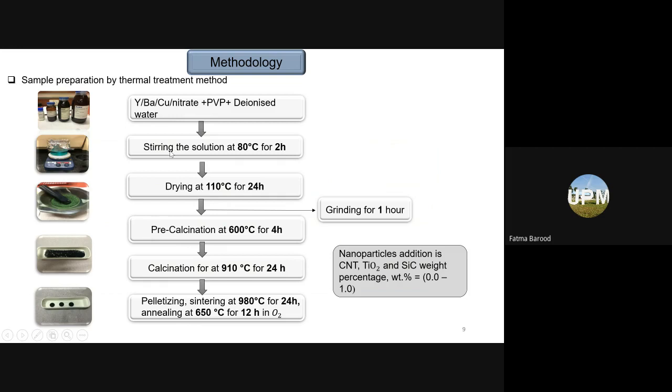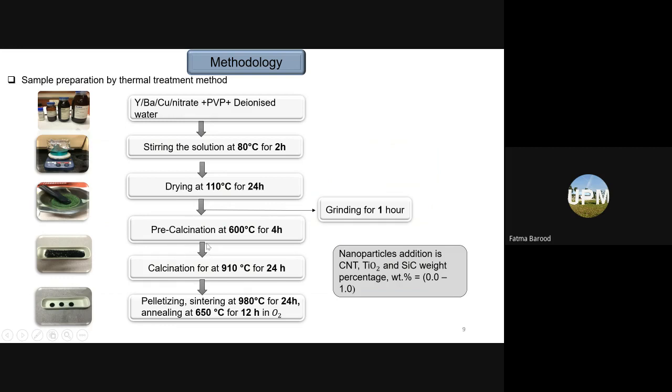The nitrate solution was then stirred at 80 Celsius for 2 hours. The solution was dried at 110 Celsius for 24 hours to evaporate water until we finally get a solid-like green gel. So the gel was ground for 1 hour.